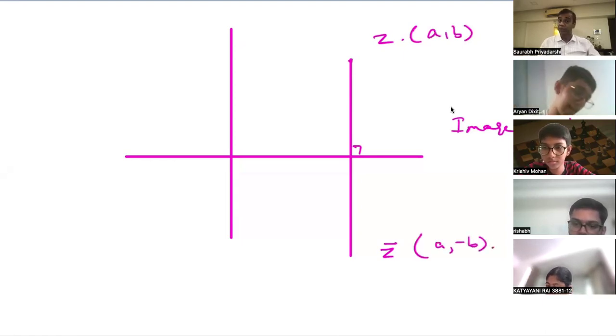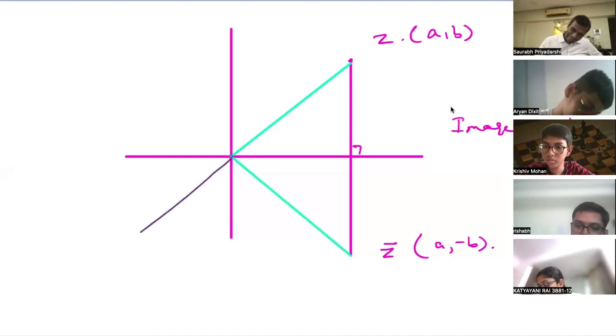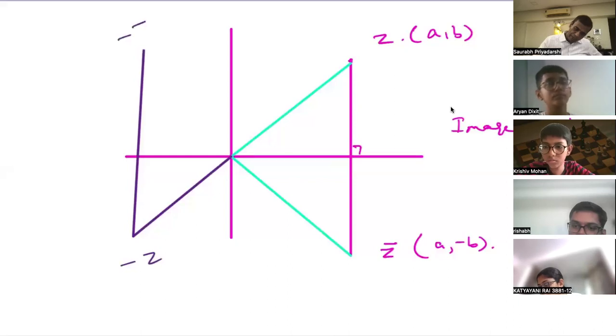This is z bar. This is very important. Right? This is z. This is z bar. Obviously, this will be minus z, and this will be minus z bar.